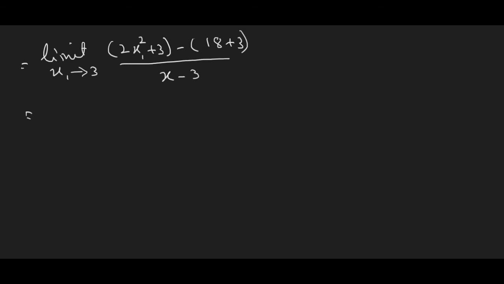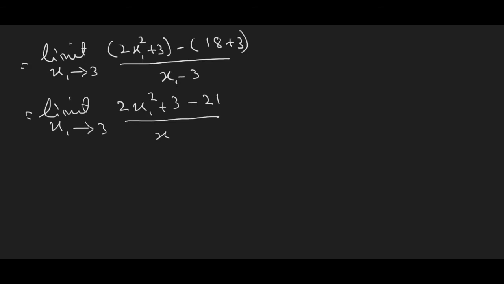Now limit x1 approaches to 3, 2x1 square plus 3 minus 21 over x1 minus 3.